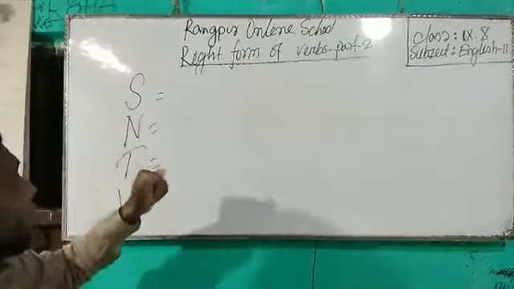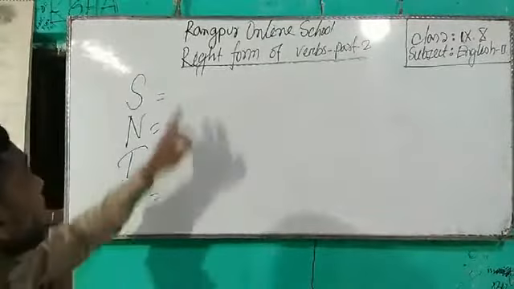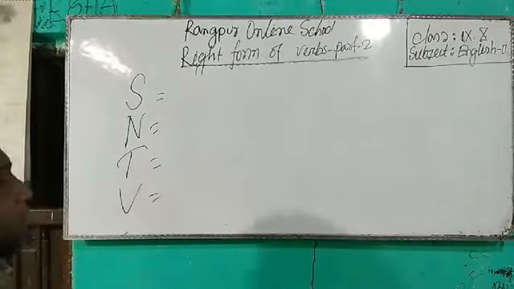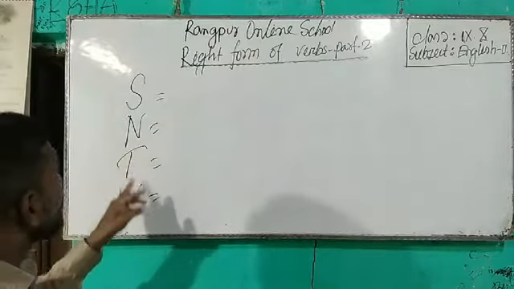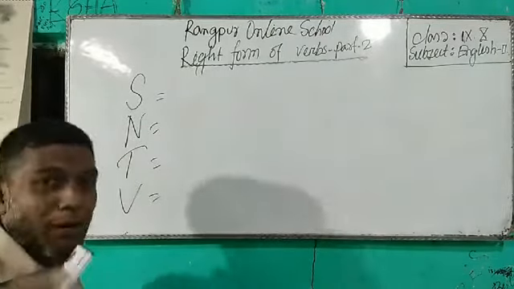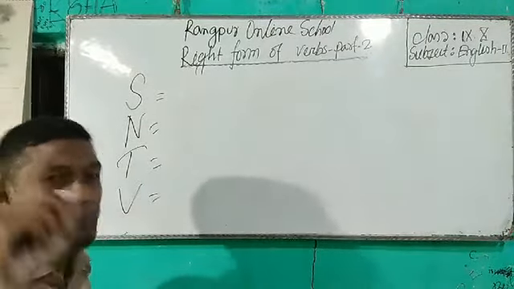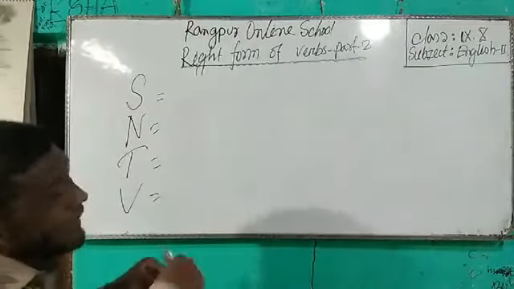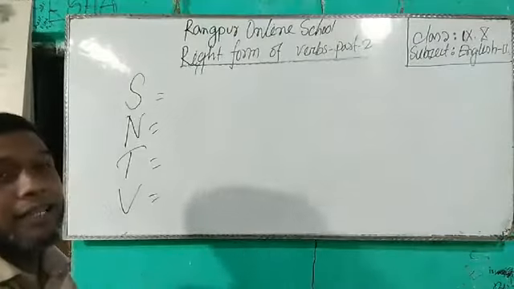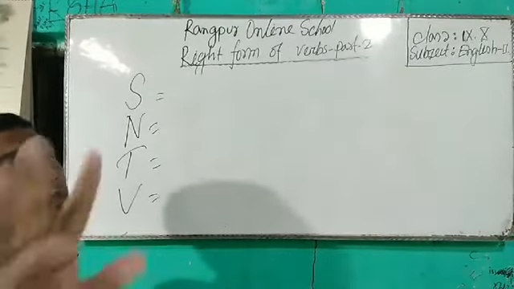So dear student, I have given you this symbol SNTV. What is the symbol? If I can use these four criteria on any verb, then I can understand easily this is a finite verb. And if this test fails on any verb, then I can understand this is a non-finite verb.